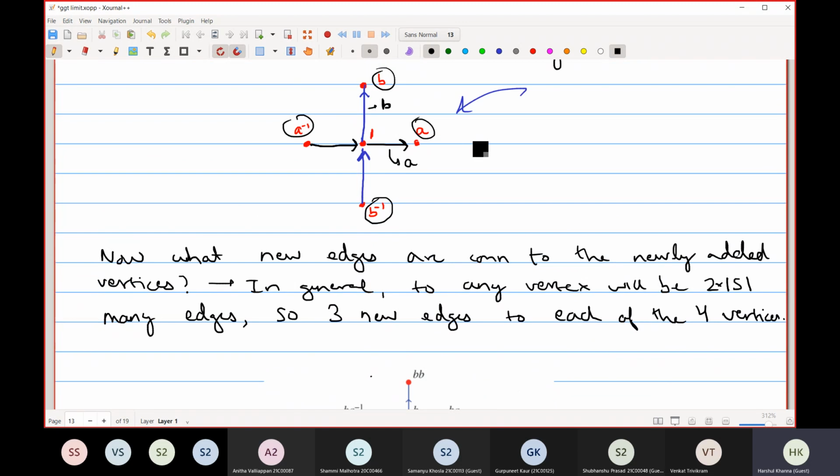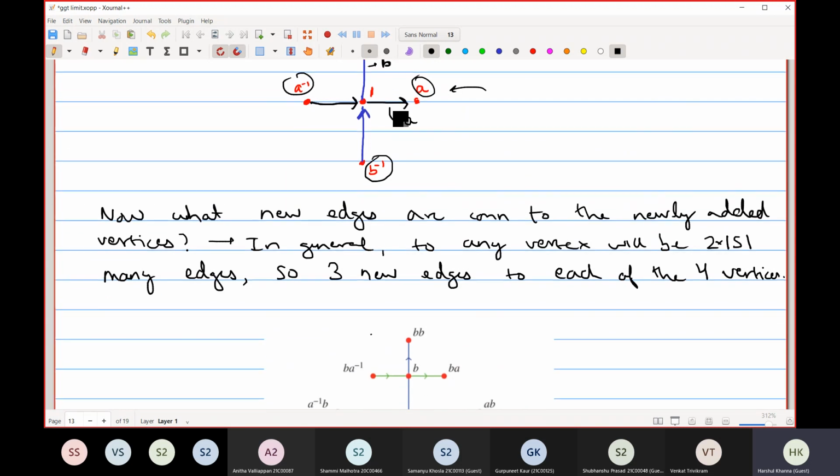Now we have four different vertices, and to each one you already have one edge. You have to add three more edges to each of your new vertices.